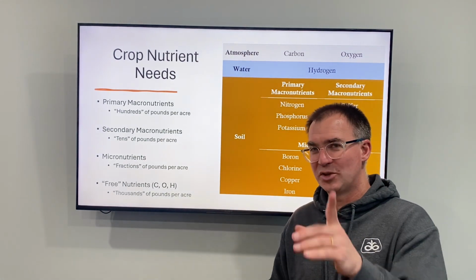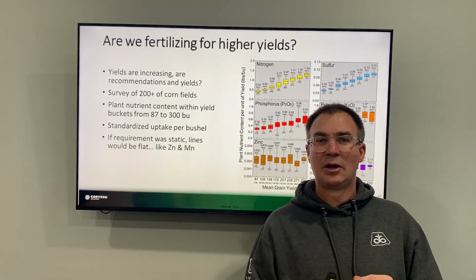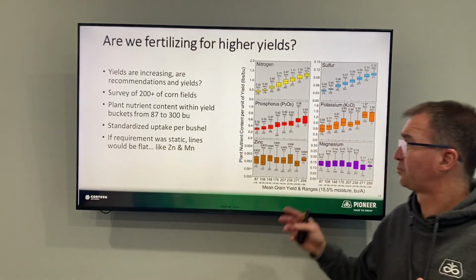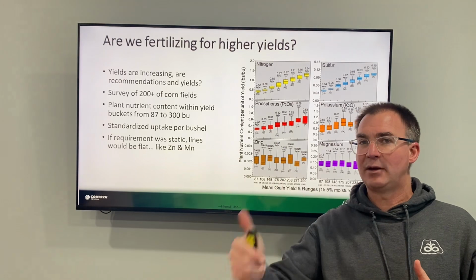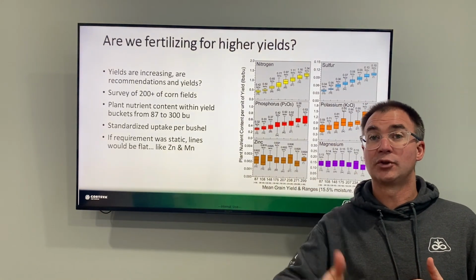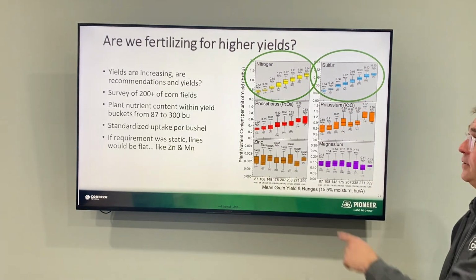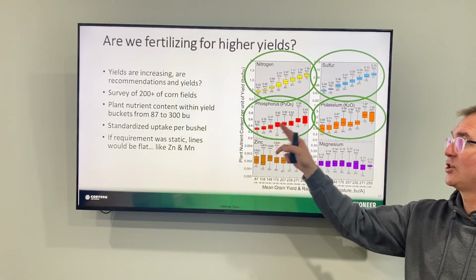So one more slide on this, I'm going to jump off and we'll switch. When you think about yields, why do we have P and K on the higher end here? Well, in particular, this is a trial that looks at pounds of nutrient per bushel. So if we look at these, nitrogen, sulfur, phosphorus, potassium, these actually increase.